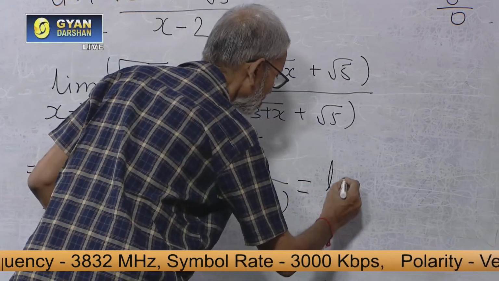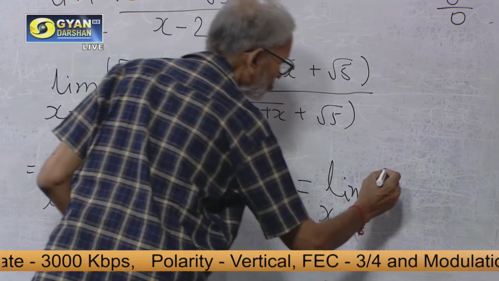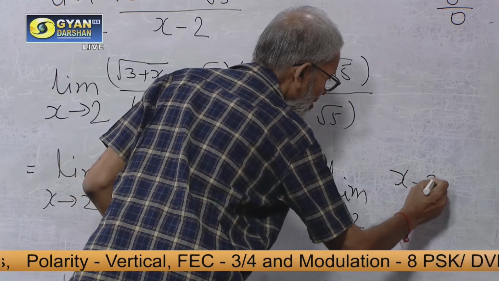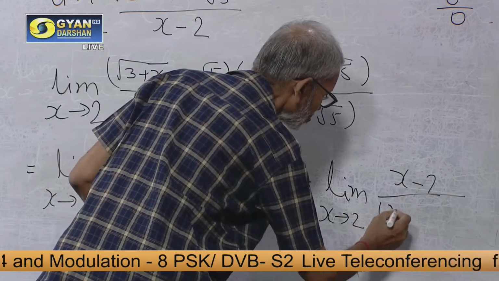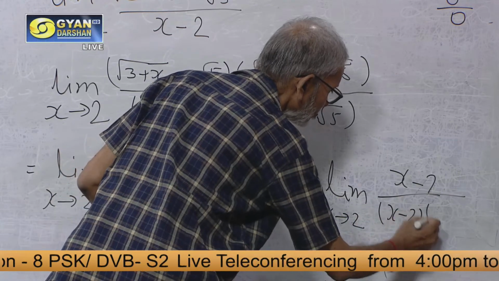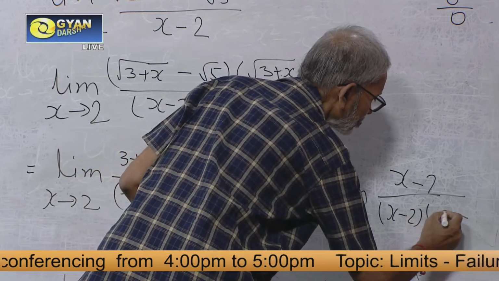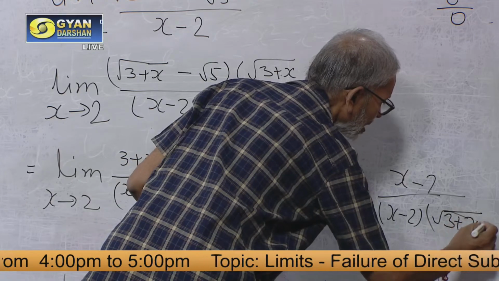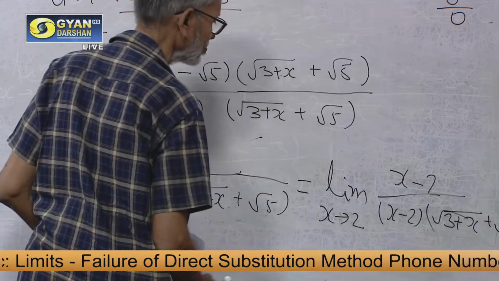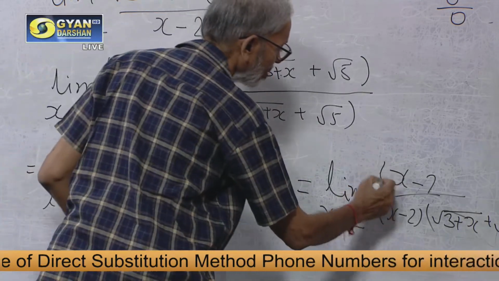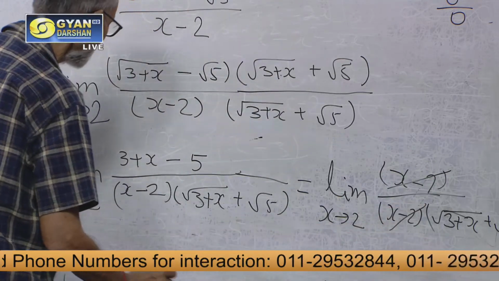So it will be equal to limit x tends to 2. In the numerator it came out to be x minus 2, and in the denominator x minus 2 is already a factor, and this will become root 3 plus x plus root 5. Now x minus 2 will be cancelled out from numerator and denominator.